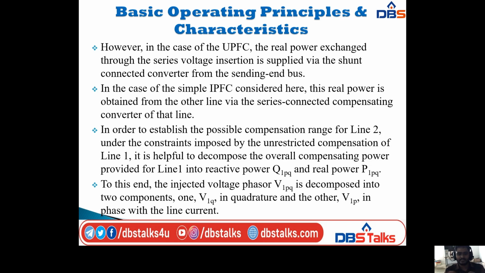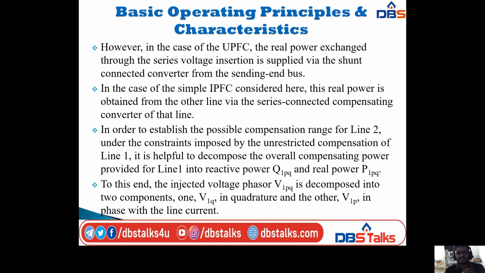So in order to establish the possible compensation range for line 2 under the constraints imposed by the unrestricted compensation of line 1, it is helpful to decompose the overall compensating power provided for line 1 into reactive power Q1PQ and real power P1PQ.